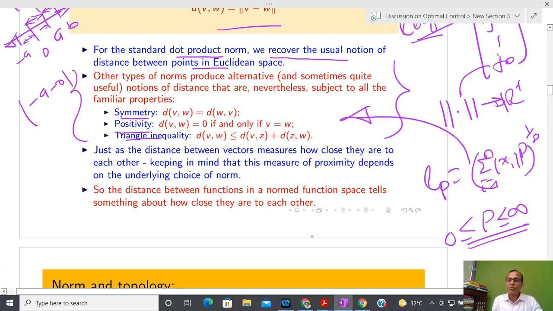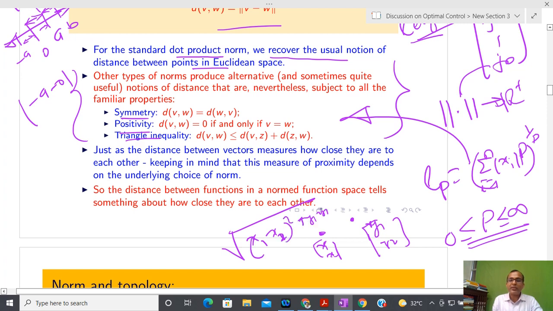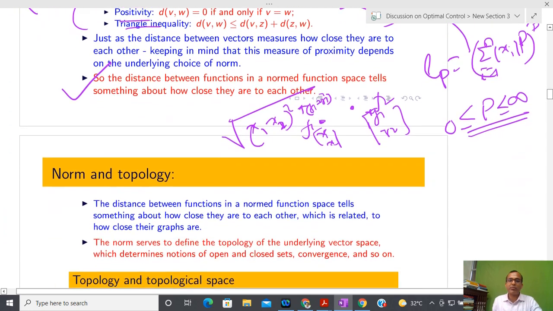During school time we were calculating the distance between two points, suppose x1 x2 and y1 y2, and using the Euclidean norm, square root of (x1 minus x2) square plus (y1 minus y2) square, we were measuring the distance. Now I have functions. With the help of some standard norm I can define, even for functions f1 and f2, the distance. So this point is basically highlighting that particular point.